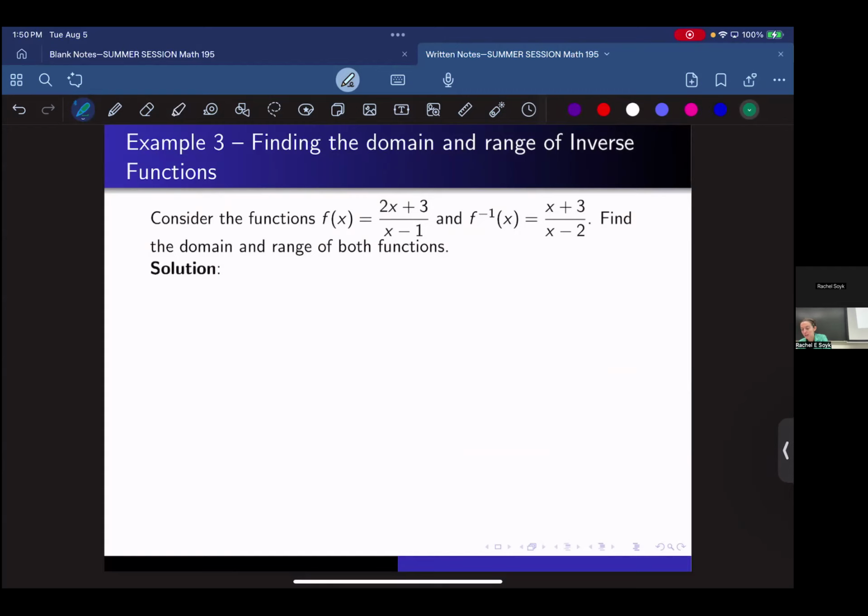We want to find the domain and range of both functions. I'm going to just put f of x, domain. And this question is to just really solidify your understanding that they end up being opposites. And then we have our inverse.